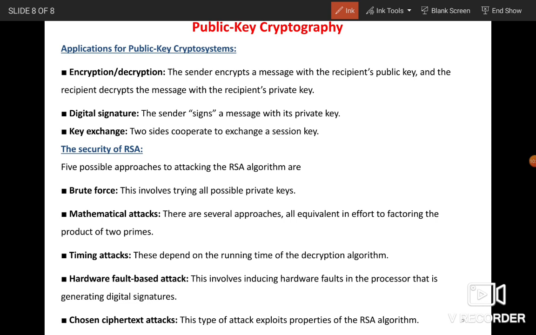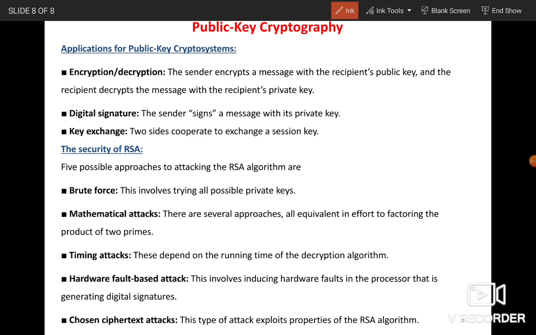The second is mathematical attack, that is trying to factorize the large prime numbers. The third is timing attack, that is calculating how much time the system requires to perform the decryption algorithm.